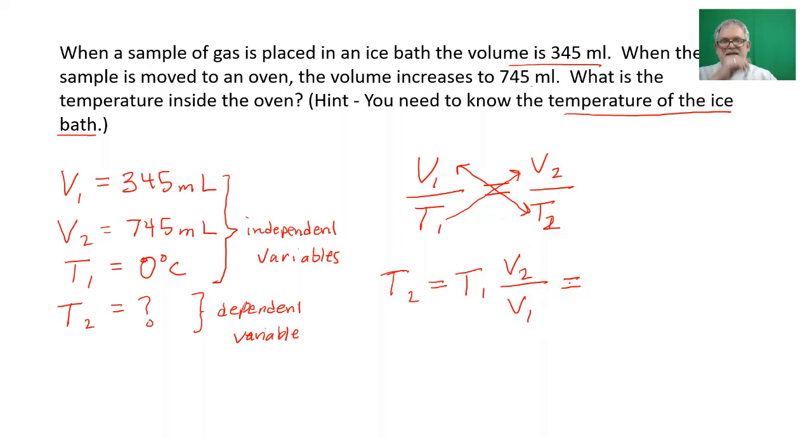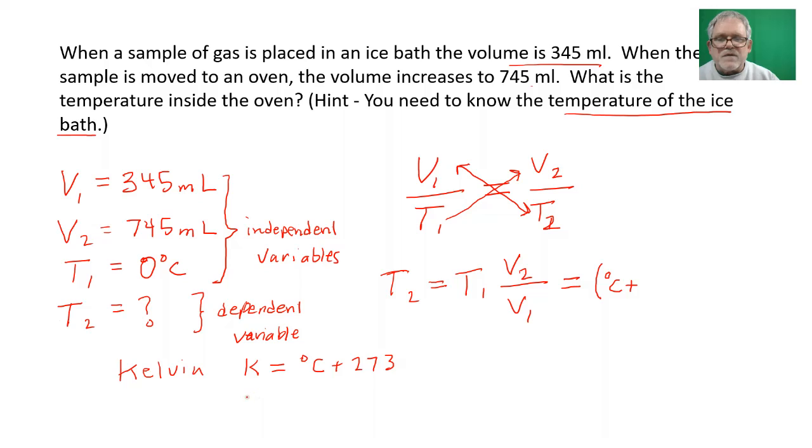Okay, the next step, plug in the numbers. So T1 was 0 degrees Celsius. Now notice that we cannot use Celsius in our equations. We have to use an absolute temperature scale, and that is Kelvin. The conversion is temperature in Kelvin equals temperature in Celsius plus 273.